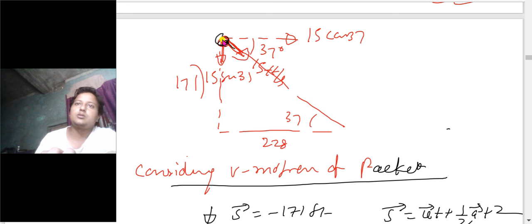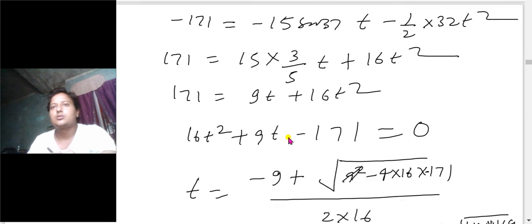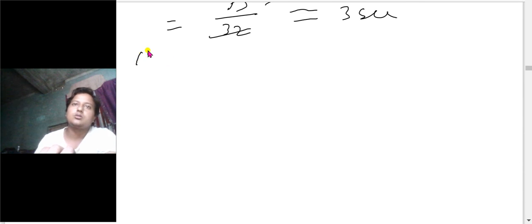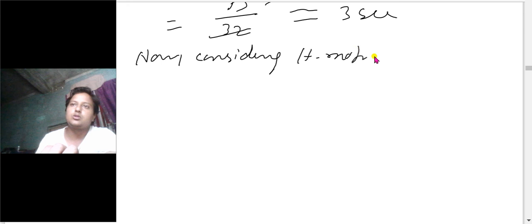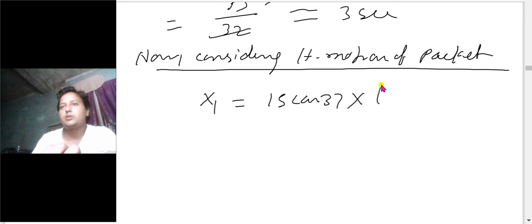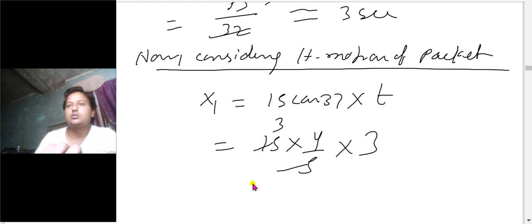Now the projectile will follow a path like this. So if this distance is x1 and this distance is x2, considering horizontal motion of the packet, displacement equals speed multiplied by time. 15 cos 37, 4 by 5, time is 3, so 36 meter.